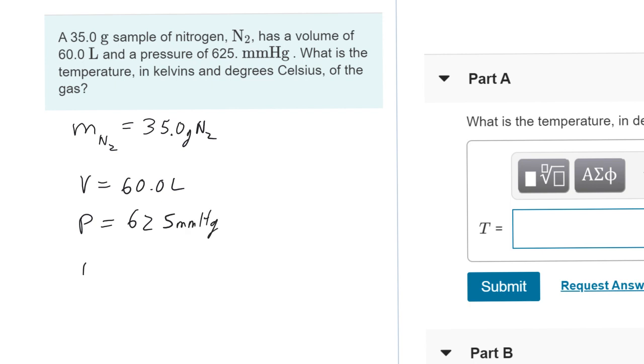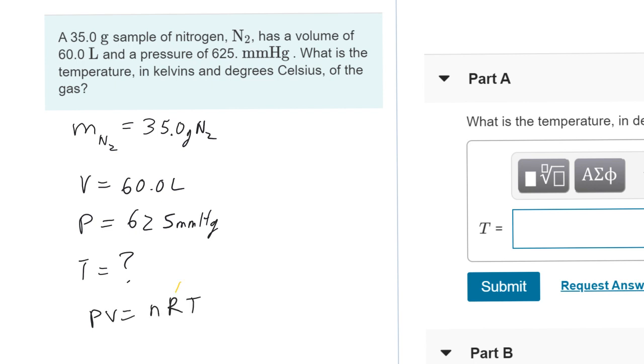And they're wanting me to solve for a temperature. Well, do I have two of anything? No, I don't have two of anything. So if you don't have two of anything, you have to use PV = nRT. So I am very happy because I get to use PV = nRT, my favorite all-time equation.